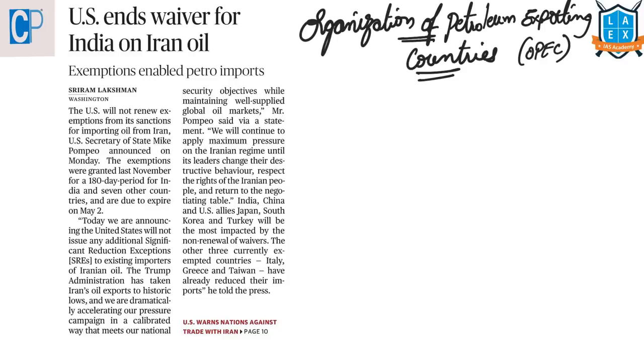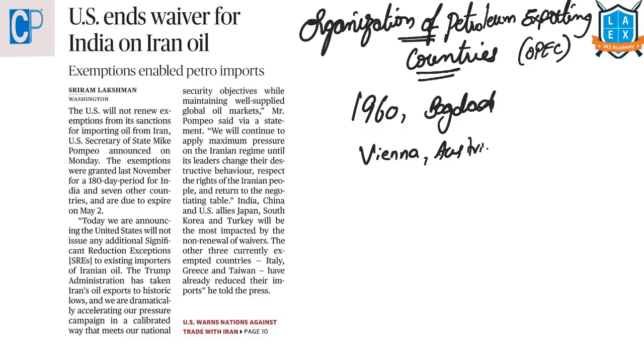This was founded in 1960 in Baghdad, and it is headquartered in Vienna, Austria. At present it has 14 member countries.